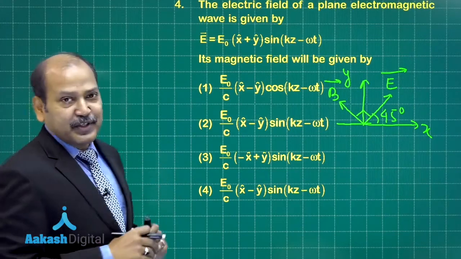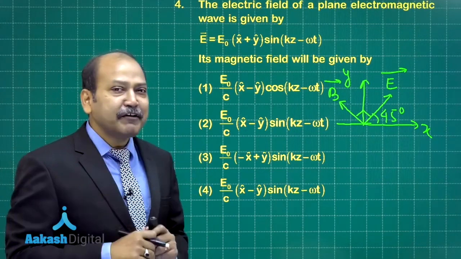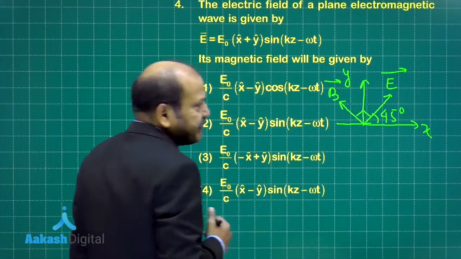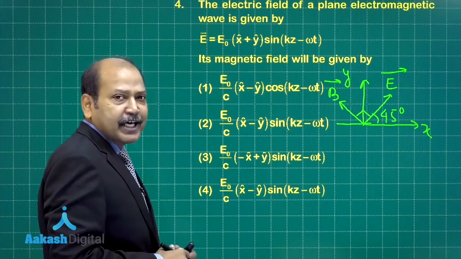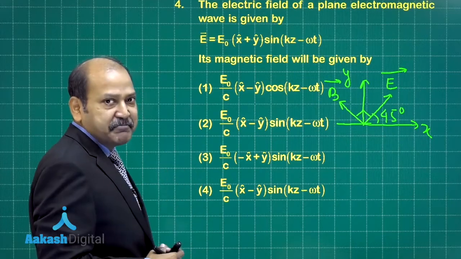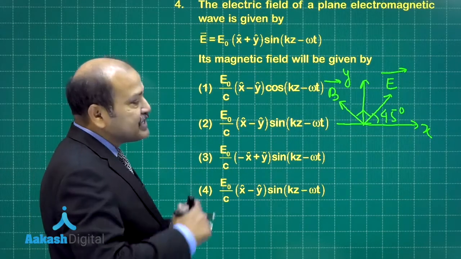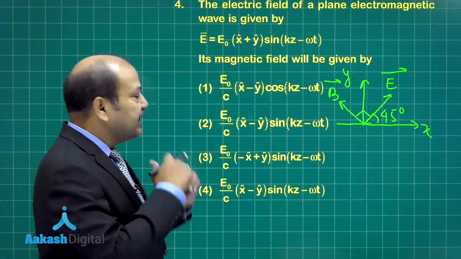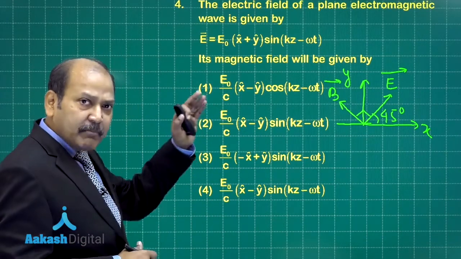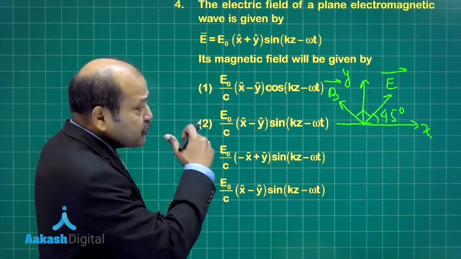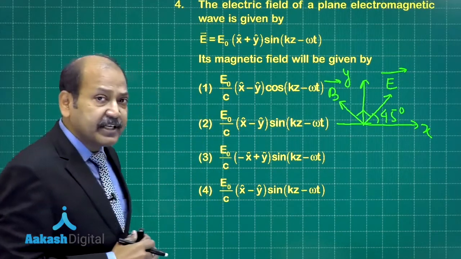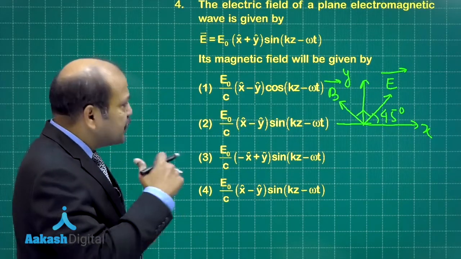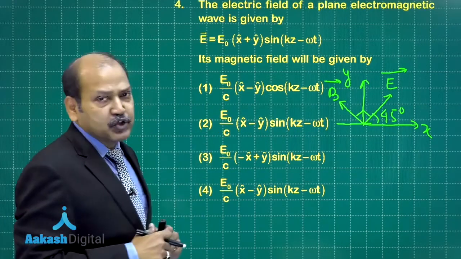So that's the direction. What about the peak value of the magnetic field? The peak value of the magnetic field is given as peak value of the electric field divided by c. With all this, we have the expression for the magnetic field vector as E naught by c into the direction, which is (minus x cap plus y cap) into sine (kz minus omega t).